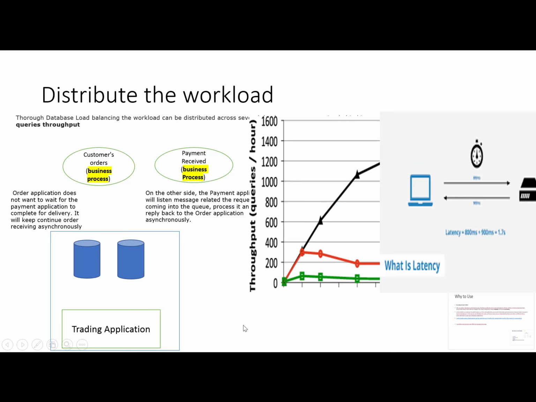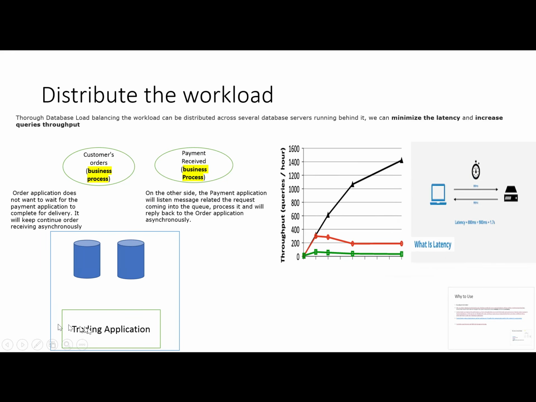Like we have our trading application. In the trading application we have two processes. One is the customer order process and one is the payment received business process. So for these two processes there are two databases, one handling the customer orders and one for the payments process.